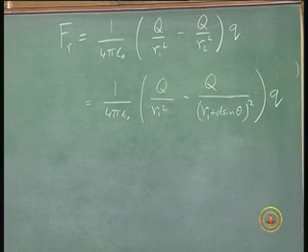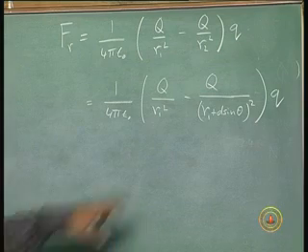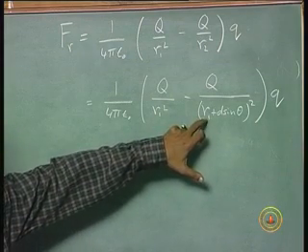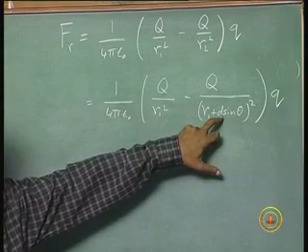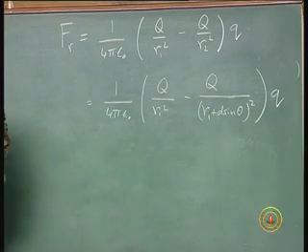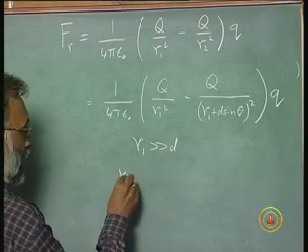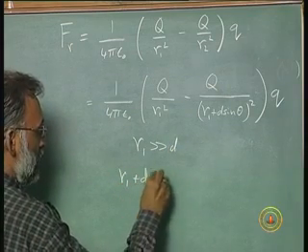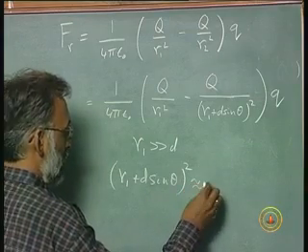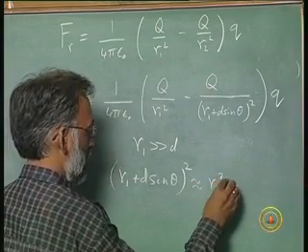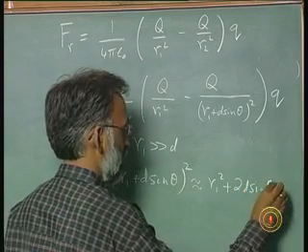All right. Now, what does that mean? I know that I am looking at a point far away. So, this r1 is much larger than this d. So, I can say (r1 plus d sine theta) whole squared is approximately equal to r1 squared plus 2d sine theta times r1.